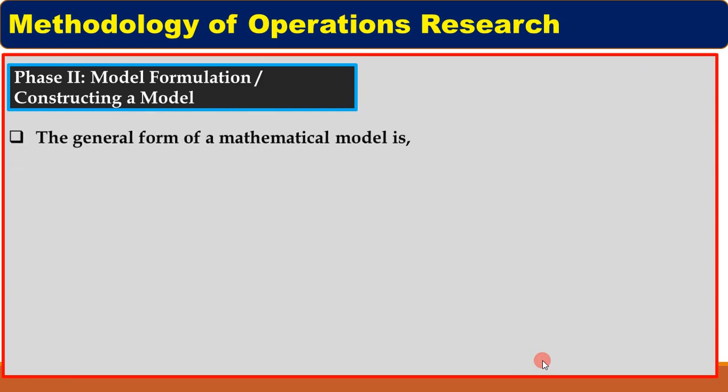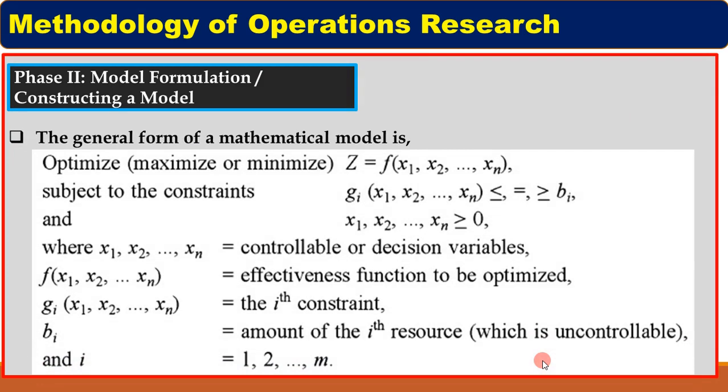the general form of a mathematical model which is formed in phase number 2. So first we have to identify the objective function from the problem statement, and this is the way this is represented. So this objective function is represented like this, either maximize or minimize. Objective function is denoted by z = f(x1, x2, ..., xn).